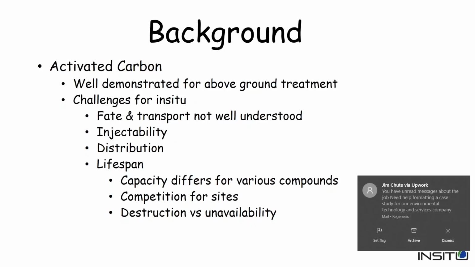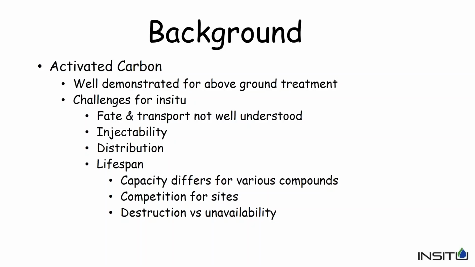We won't get too much into the activated carbon. Maureen and Heather give you some background on it, but from our point of view as applicators, we're really concerned about how well it goes in the ground and the distribution of the activated carbon once it's in the ground. If you don't get distribution, then game's over from an in-situ point of view.